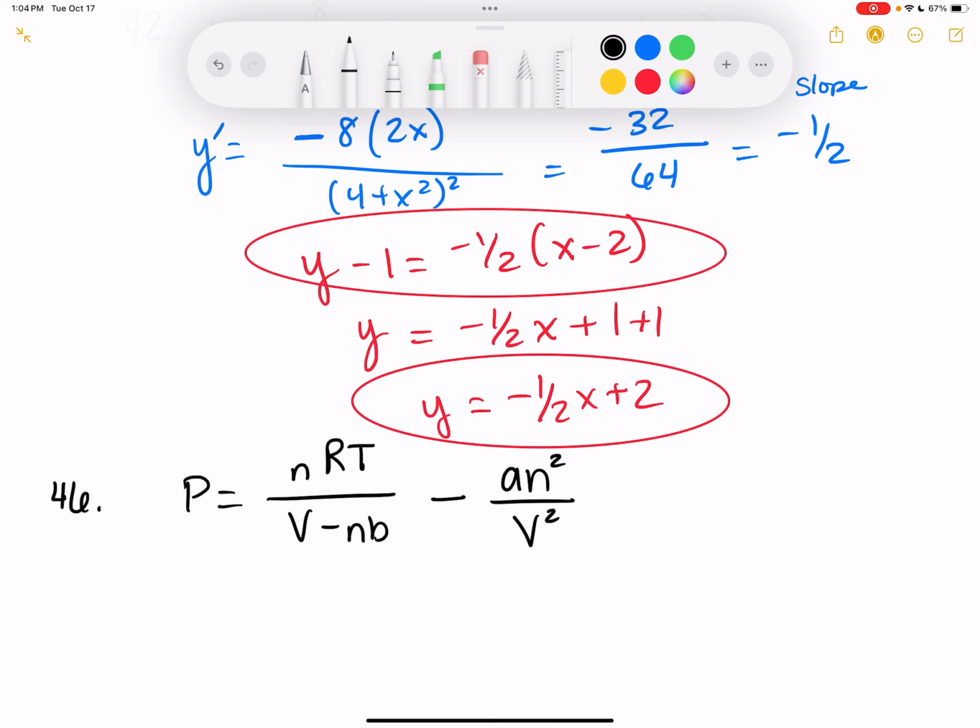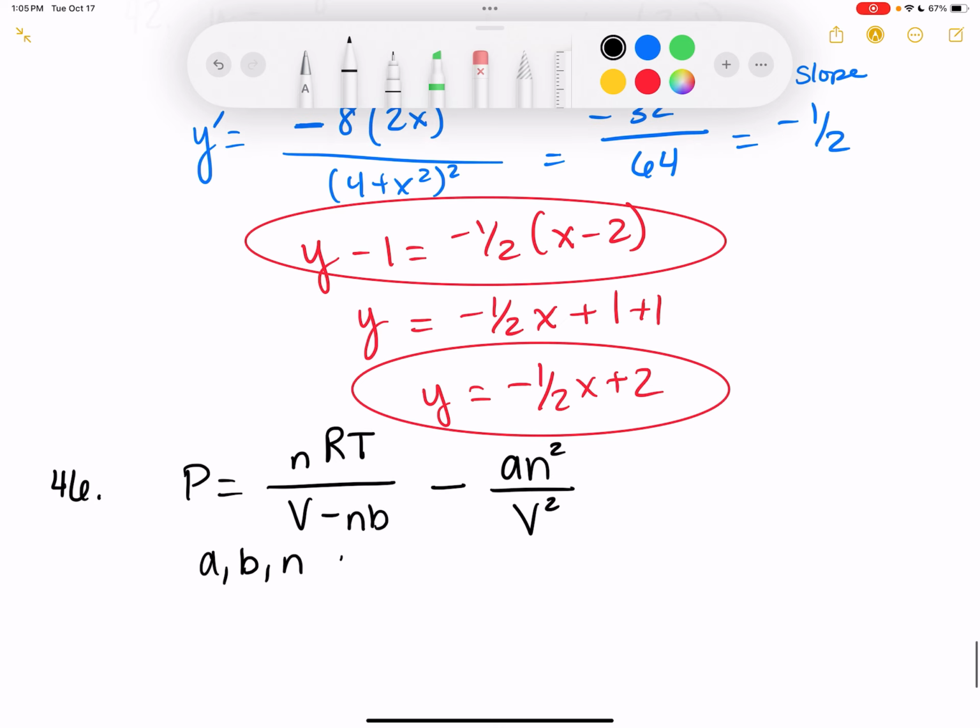In which, and I'm going to write this just so that it's relevant information, A, B, N, and R are constants. Okay, meaning they are what? Just not.